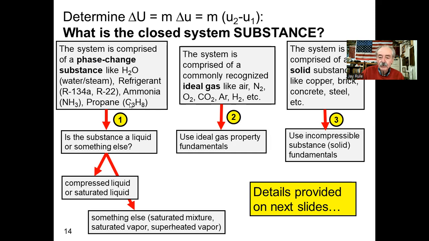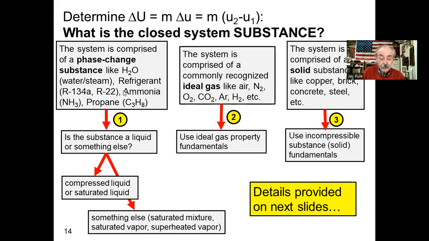Propane, C3H8. I hope you've watched my propane videos. So those would be classified as substances that can change phases. They can go from liquid to a mixture of liquid and vapor. They can go to saturated vapor. They can become a superheated vapor, all of those substances.